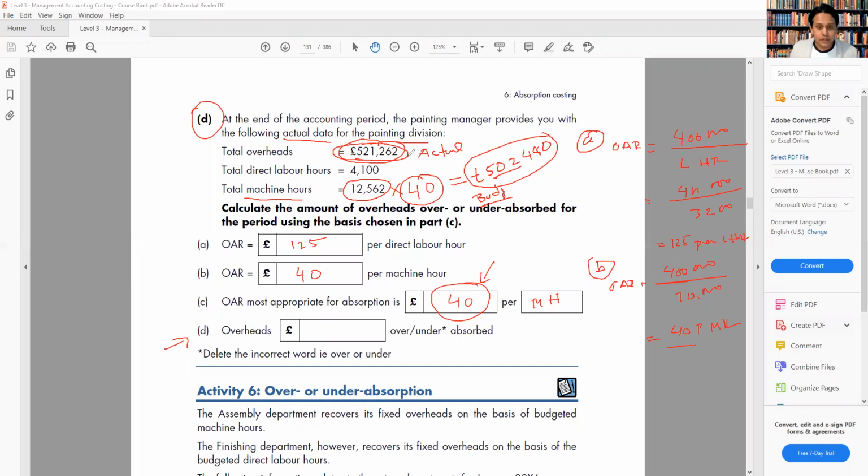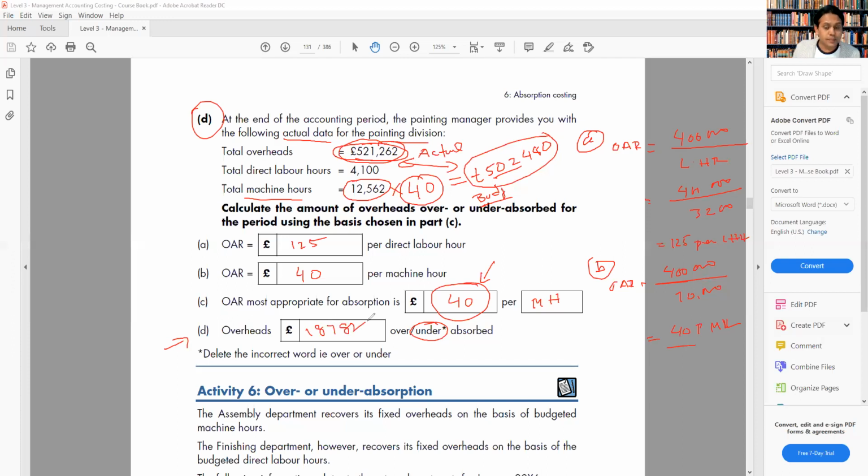And that will be the difference between what I absorbed and how much is actual. So how much is the difference here? You already know this is under absorbed, and the difference between the actual and the amount we have absorbed will give us how much we under absorbed. So that is how much? 18,782. Very well done, Zulia. Very well done, Annie.